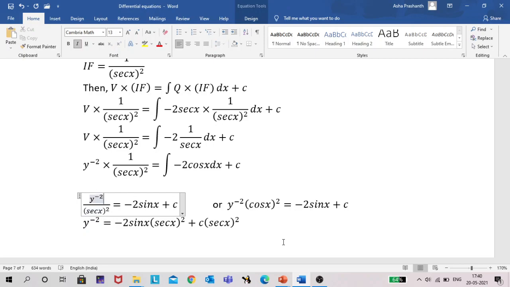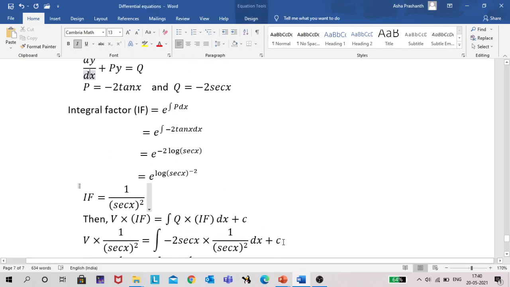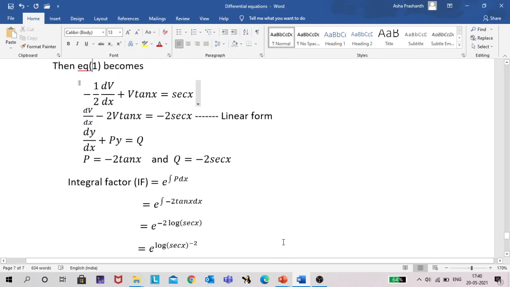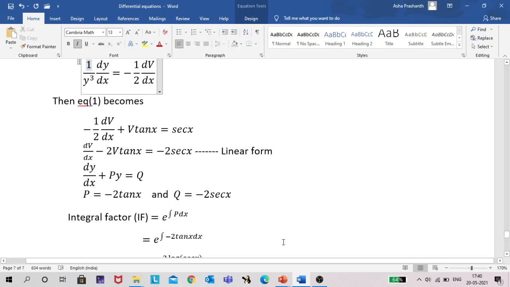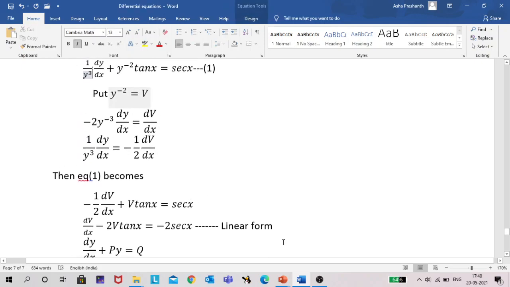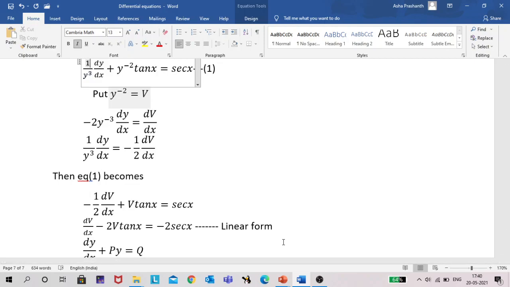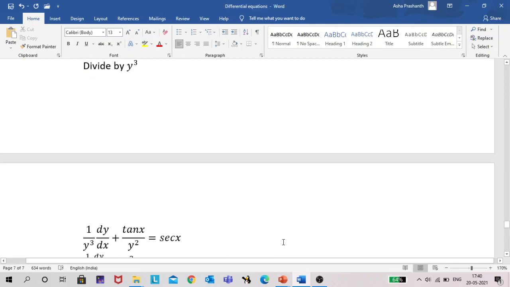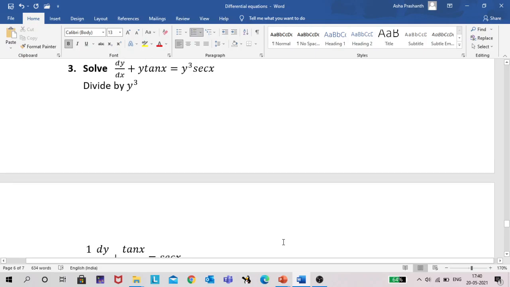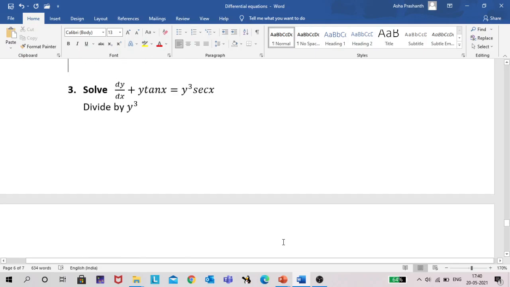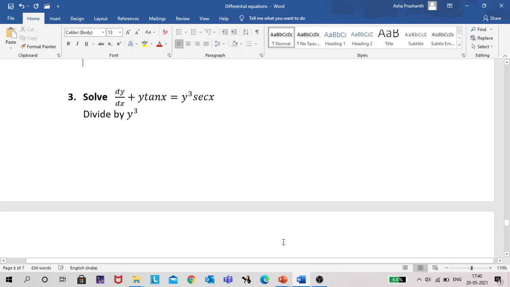So I solved three problems, and I sent the textbook also. You can do the problems related to this method from the textbook. Some students asked good doubts regarding the previous problems and previous methods, so I sent the solved questions.